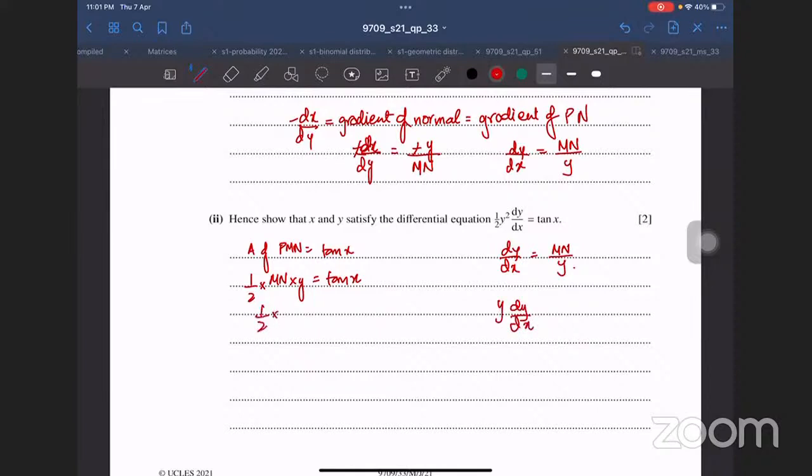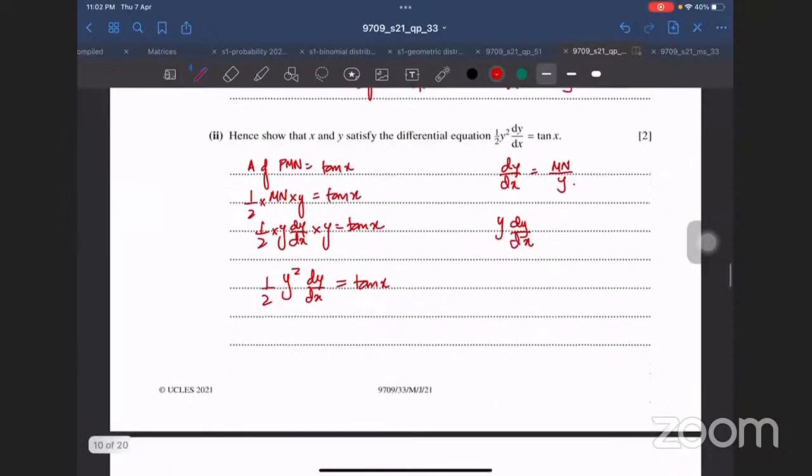So I get half y dy over dx into y equals tan x. So I get y squared dy by dx equals 2 tan x. That is the solution for the second part.